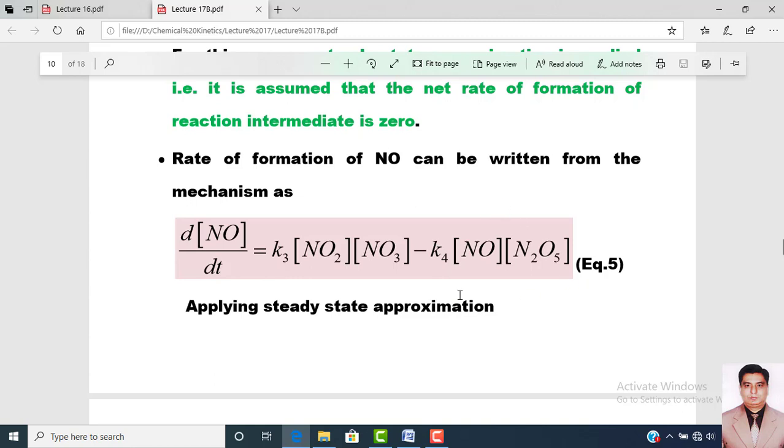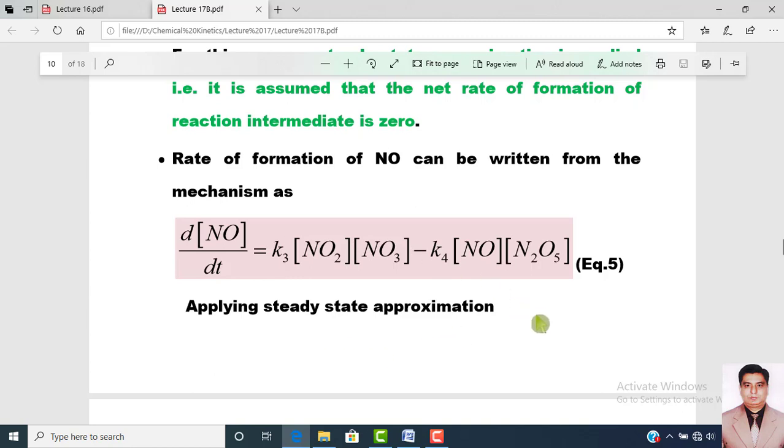According to equation number 5, the rate of formation of nitric oxide with the passage of time will be equal to K3 NO2 NO3 minus K4 NO N2O5, because in the third step this NO is being produced while in the fourth step it is being consumed.